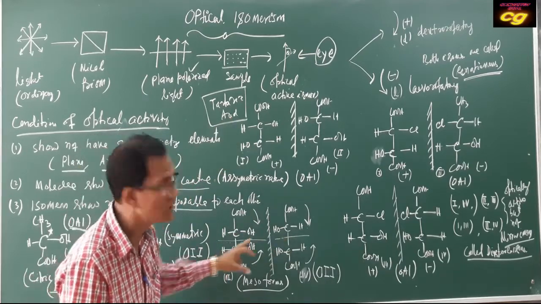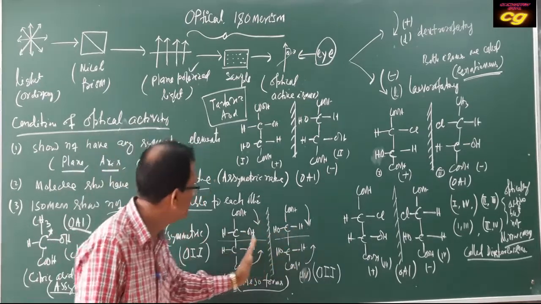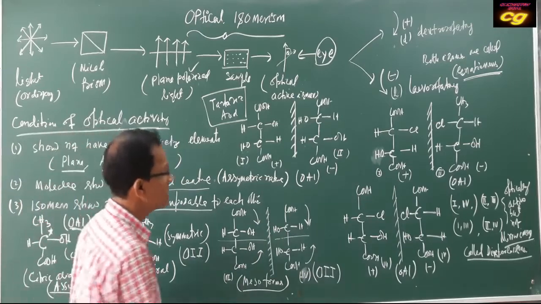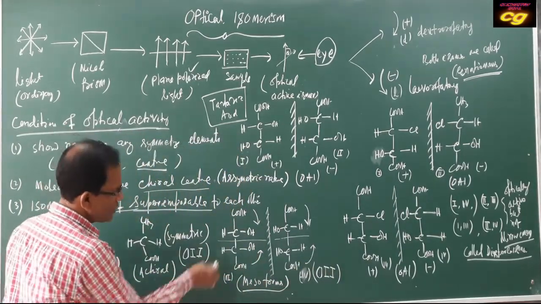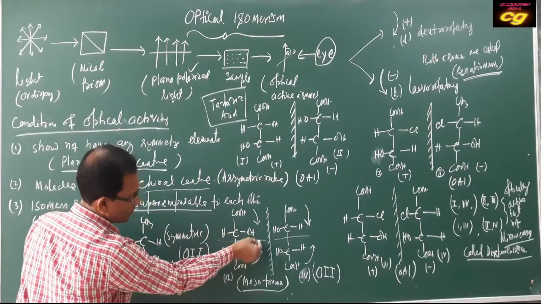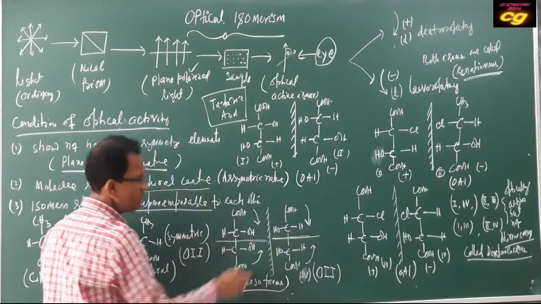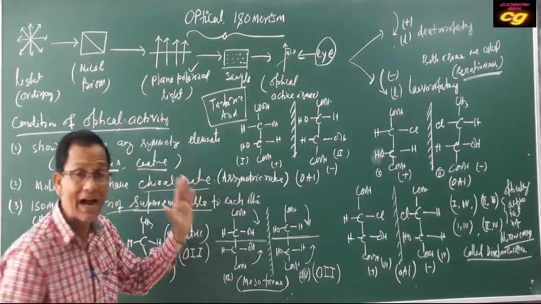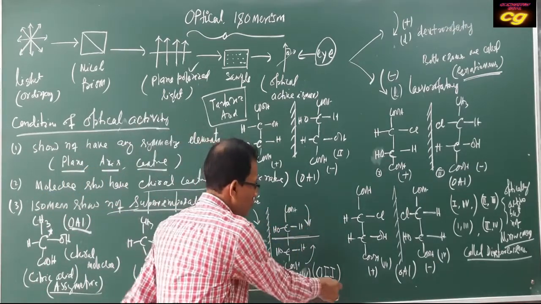You see these two isomer arrangements. It is one isomer, it is also one isomer. These two isomers are mirror images, but optically inactive. Both are. Why? Because the upper half and lower half are divided equally by a plane of symmetry. As symmetry is there, that's why optically inactive.